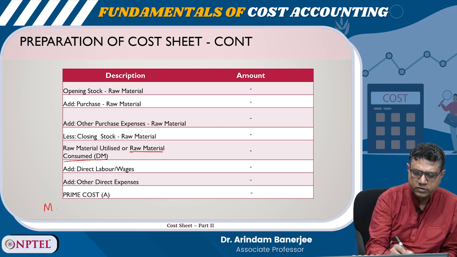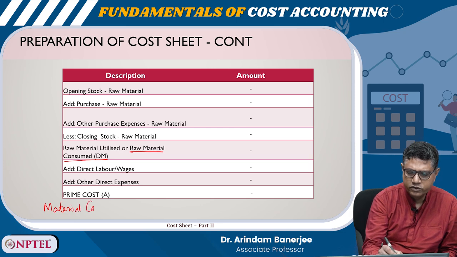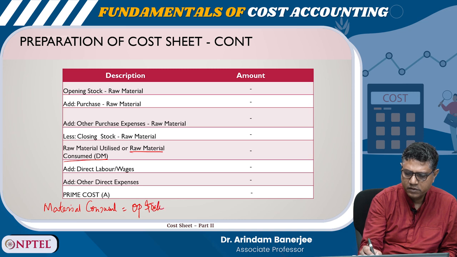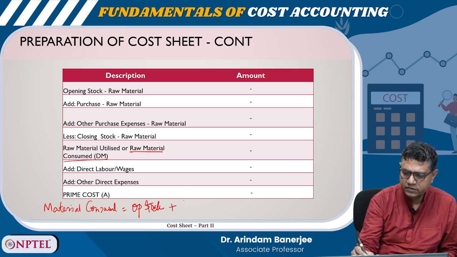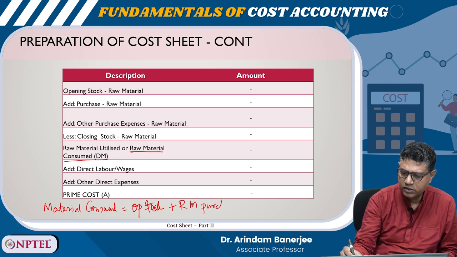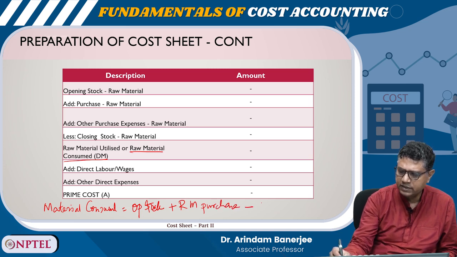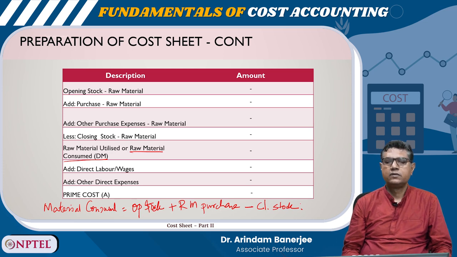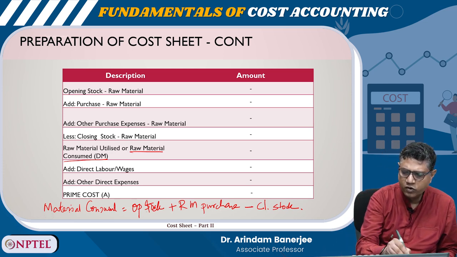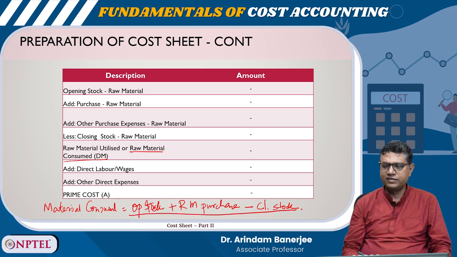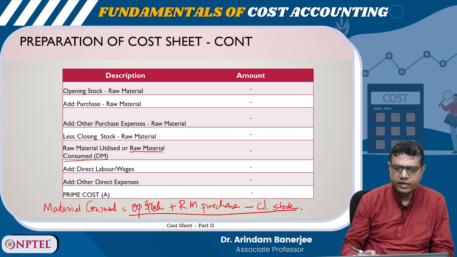Material consumed is equal to opening stock of material plus raw material purchase minus closing stock. So we can do one example here.